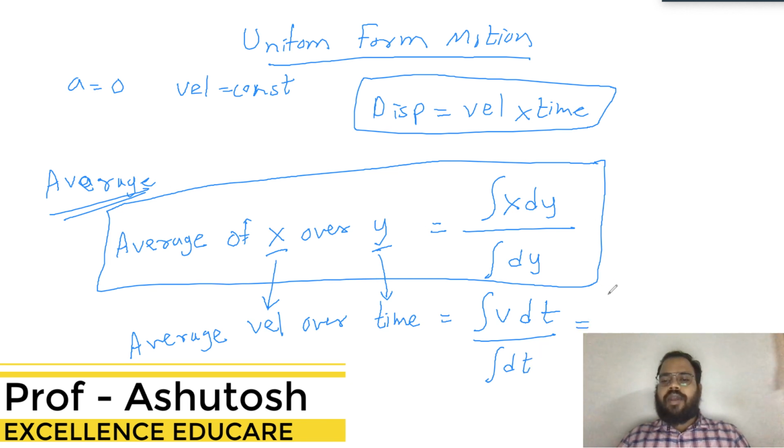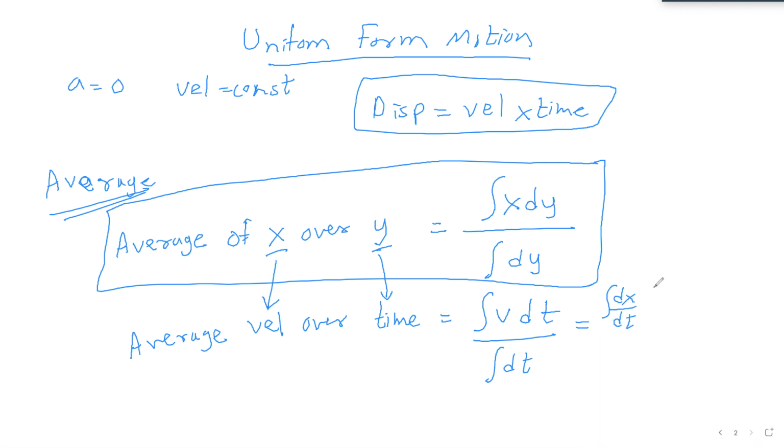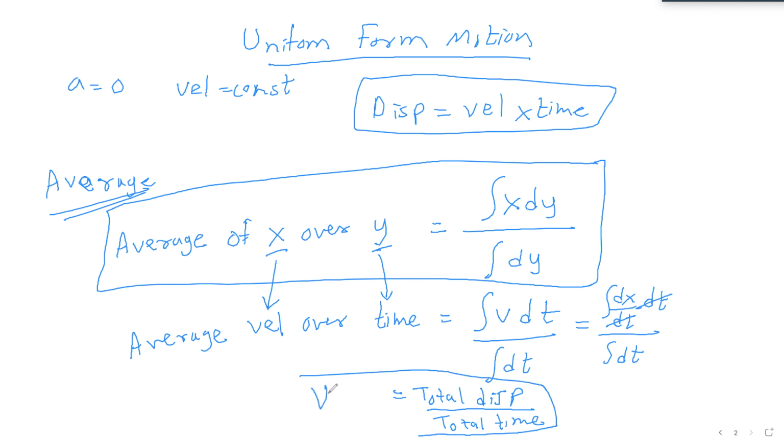Simplifying, I can write v as dx by dt and multiply by dt, so dt cancels out and I am left with integral dx upon integral dt. Integration of dx gives total displacement, and integral dt gives total time. This way you get your average velocity as total displacement upon total time.